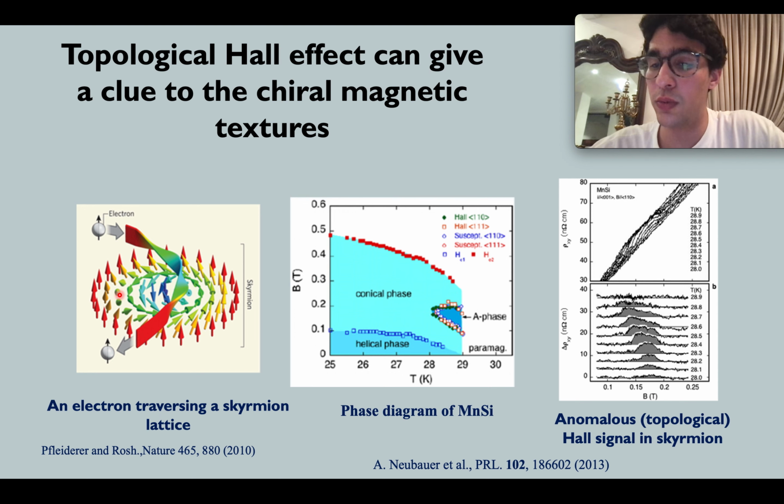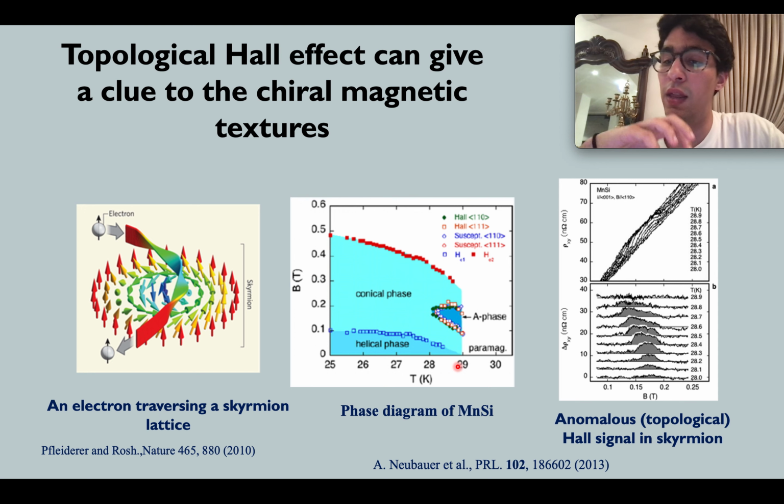This structure forms only in this region for the compound manganese silicide. When electrons move through such a magnetic texture, the electrons pick up a quantum mechanical phase called the Berry phase, which acts as a fictitious magnetic field that deflects the electrons and gives rise to an additional Hall signal, called the topological Hall.